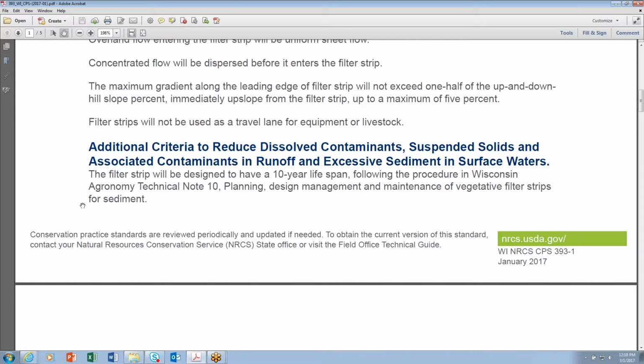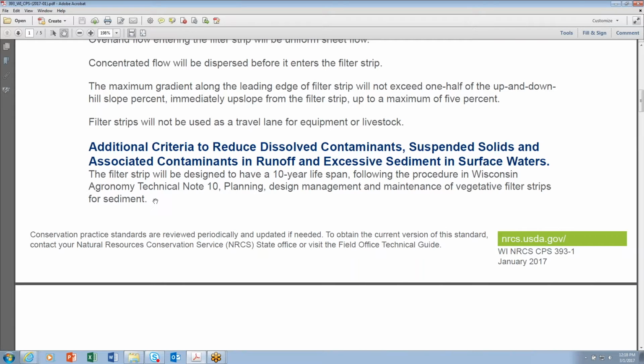So there's a lot of information on how to plan it, how to do the math to make sure it lasts 10 years, and what the design criteria are. A lot of good stuff in the tech note. The current tech note, you're going to see some differences from what it was in the past. The tech note, I believe, was over 20 pages last year, and what it is now is very simplified.